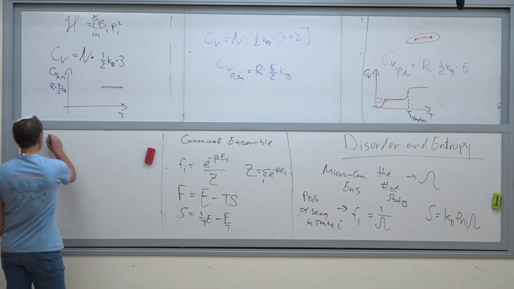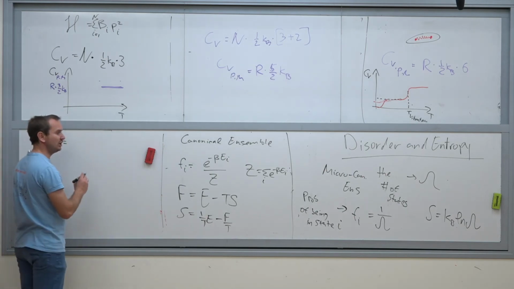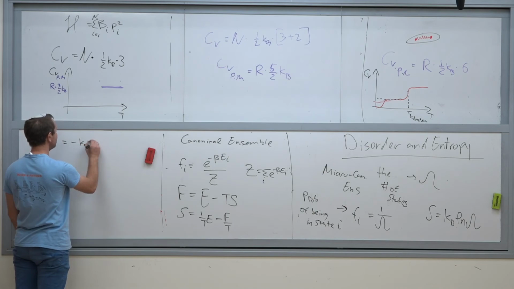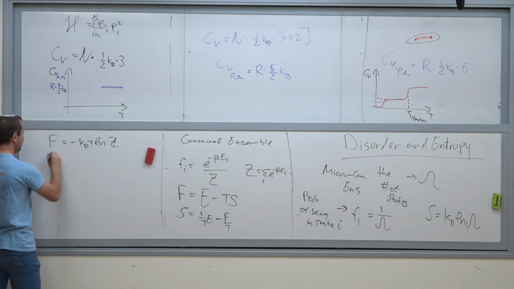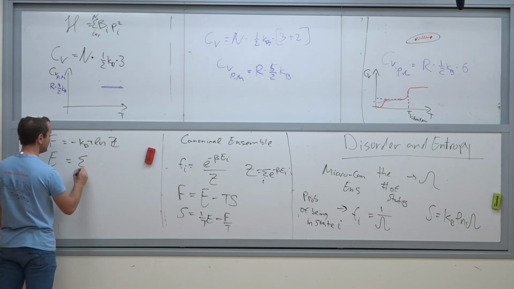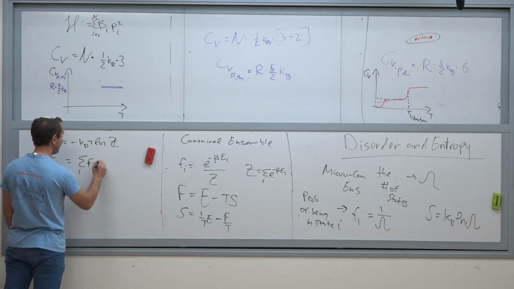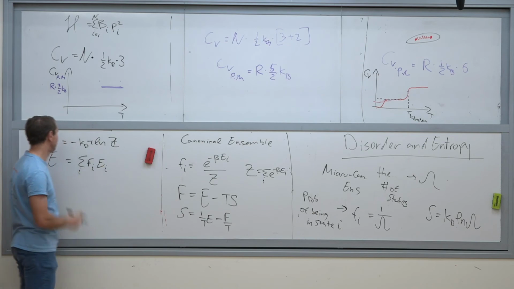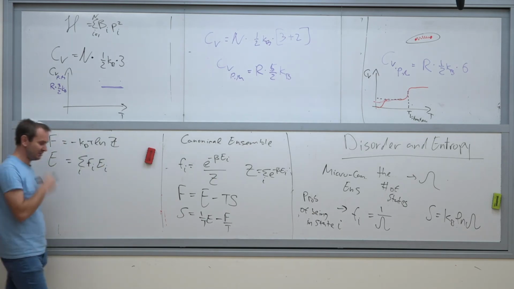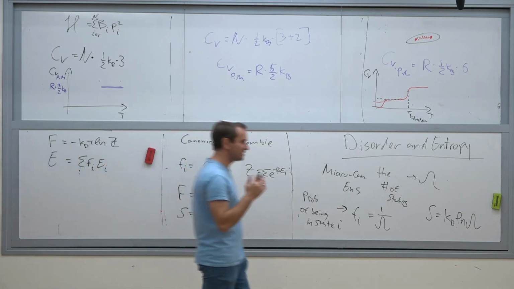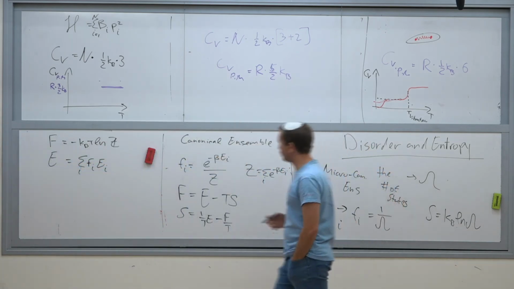So first of all, the free energy is minus k Boltzmann T log of Z, right? And E is simply a sum over i of Fi Ei, the average energy. The free energy is defined, we have already seen that it's defined like this. So what did we obtain?